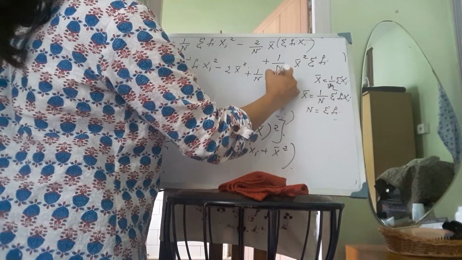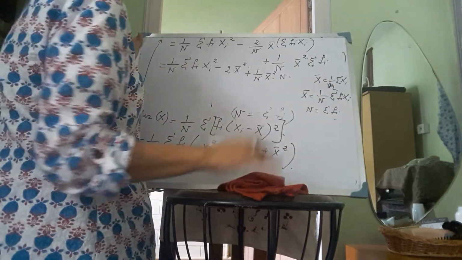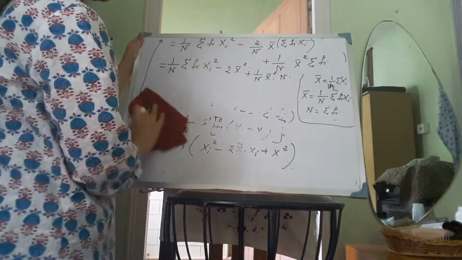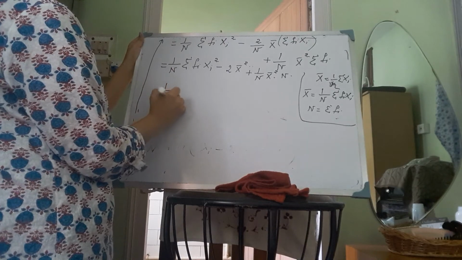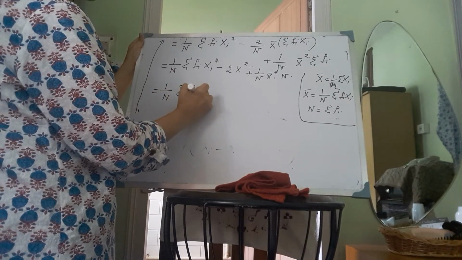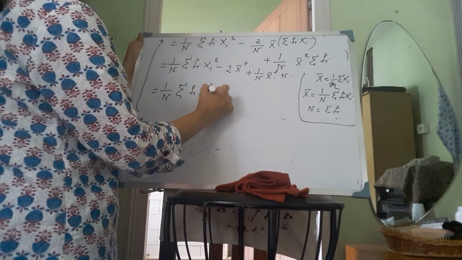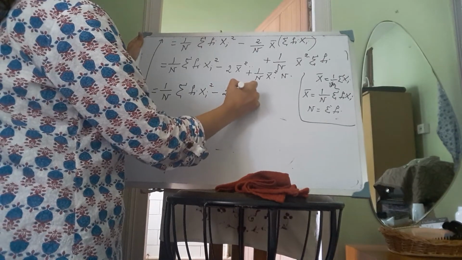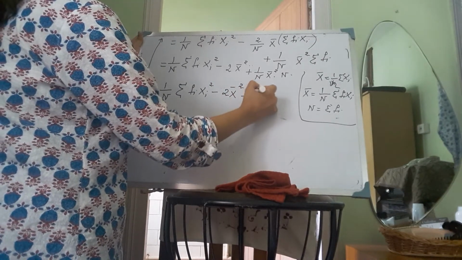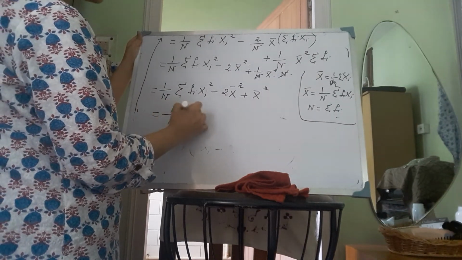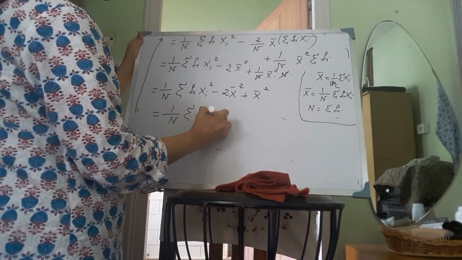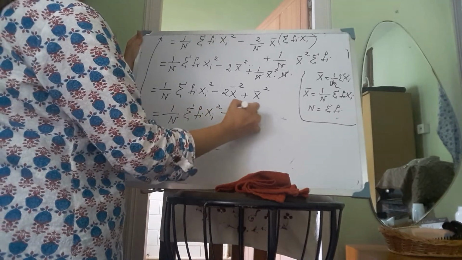Summation of fi is n. So we can write n. So from here we get 1 by n summation of fi xi square, then minus 2 x bar square plus x bar square. Now from here we get 1 by n summation of fi xi square minus x bar square.